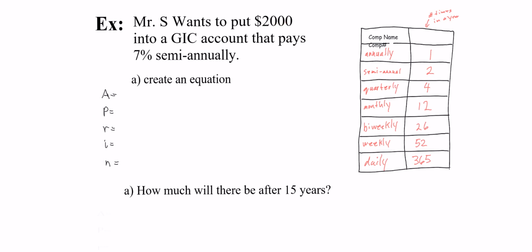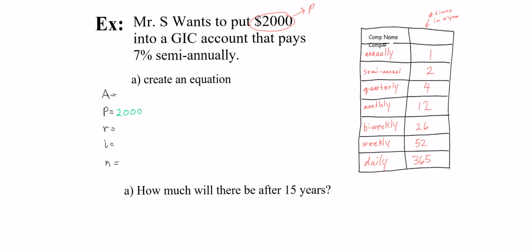We have $2,000 that's being put into a bank account right now. So we're going to immediately say that is actually $2,000, and that represents the start value. So this represents P.